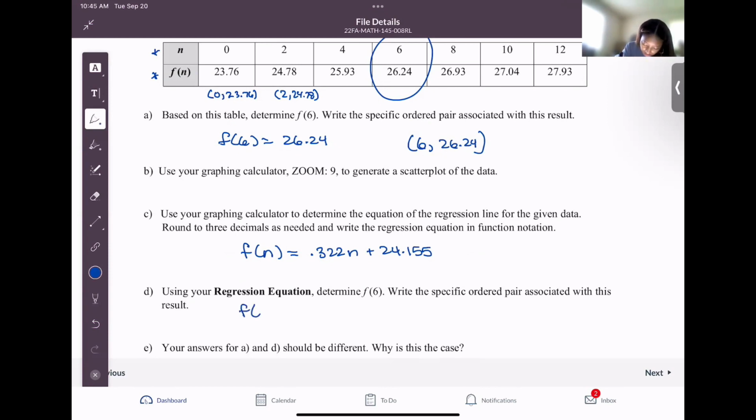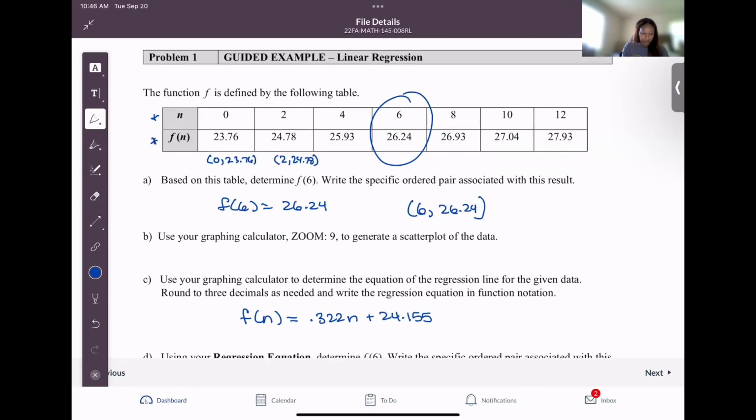So f of 6 using the equation is 0.322 times 6 plus 24.155. And then let's type this into our calculators. 0.322 times 6 plus 24.155. This gives me 26.087. So the ordered pair would be 6, 26.087.